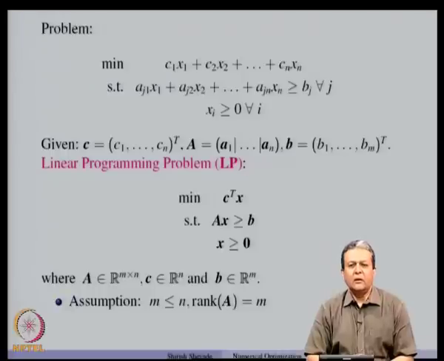Now, if there are more constraints than n, then there could be some redundant constraints, or the system of equations may not be consistent. It depends on how the constraints are represented. If redundant constraints are there, they can always be reduced or eliminated, and finally, we have a situation where the rank of the matrix A is m and m is less than or equal to n.